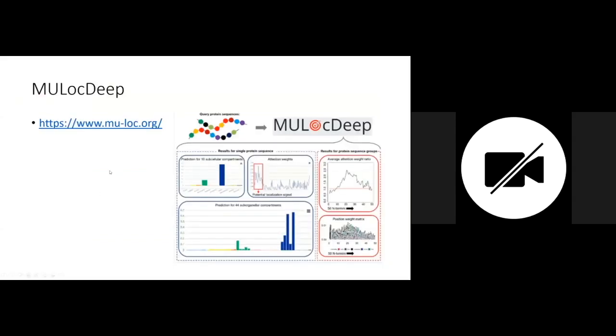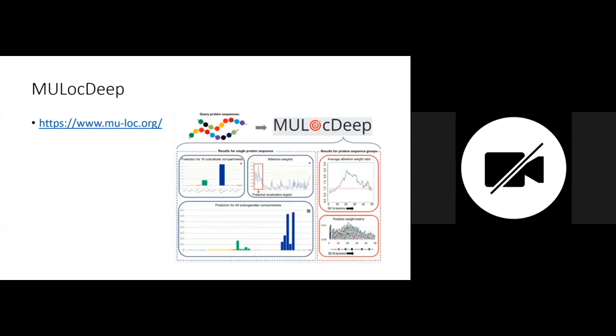So our group also has a relatively long history in protein localization prediction research. We have previously published a tool called MULoc that is specific for plant mitochondrial protein prediction. So we predict whether a plant protein is mitochondrial or not.